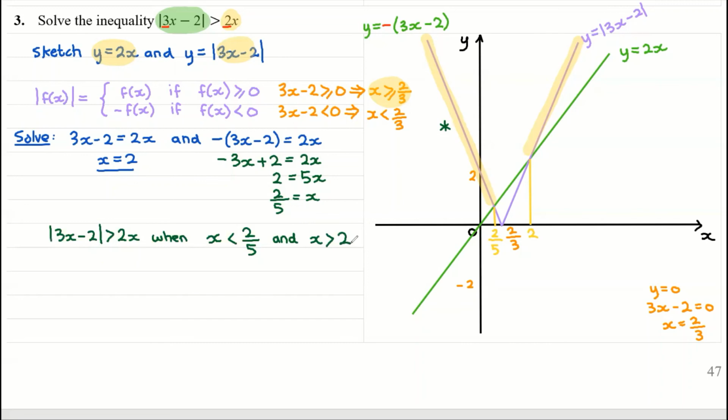Okay, which again corresponds to this part where the modulus graph is above the line y equals 2x.